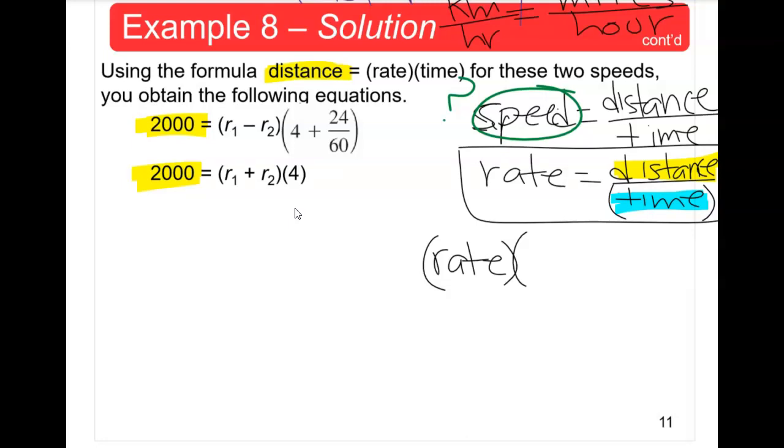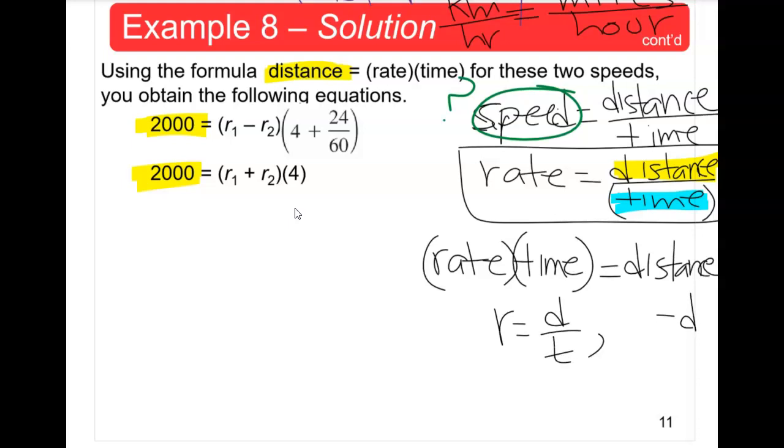We just want to have a linear equation that looks similar to the ones we've been using. So we take time here, and then what we have left is distance. So even if I do this with letters, if I have r equals d over t, and I want to solve for d, it will be RT.